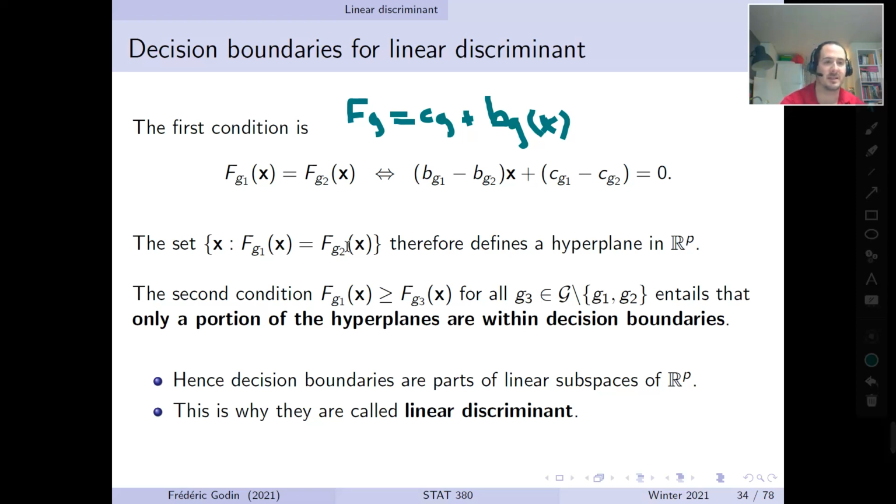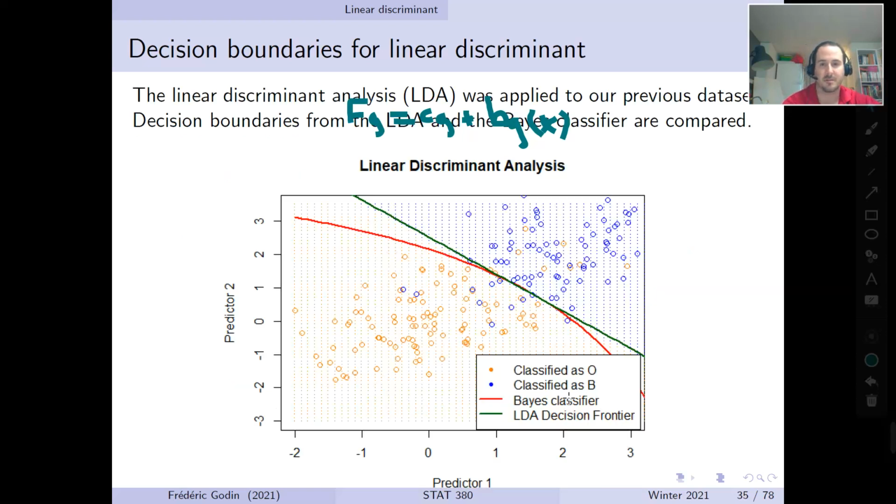This might seem abstract right now, but in a few minutes we'll see a figure which will make that much more concrete. In a nutshell, within linear discriminant analysis, the decision boundaries are portions of hyperplanes in R^p. This is why we call it linear discriminant analysis, because hyperplanes are just linear functions.